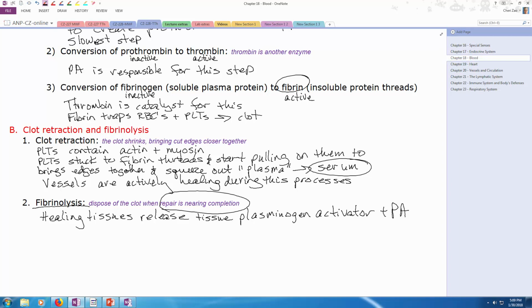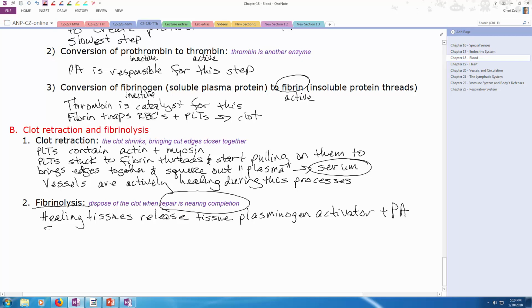So TPA is a normal chemical released by healing tissues to bust up the last of that clot. The clot got smaller and smaller, but it's still there. And if we don't bust it up, we'll end up with all these clots all through our bloodstream, and you won't be here for very long if you have all these desiccated clots inside your blood vessels. So TPA, tissue plasminogen activator, is released by your healing tissues.